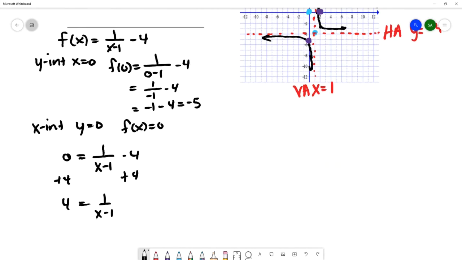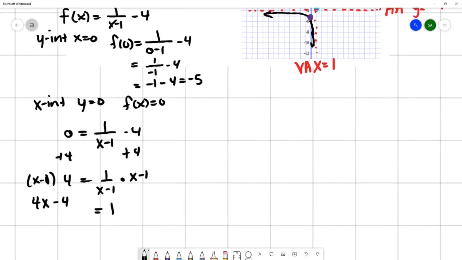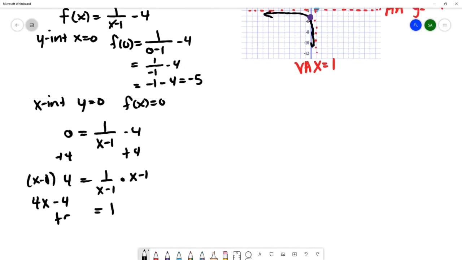I want to solve this by clearing fractions. I can do that by multiplying both sides by the denominator. So multiply x minus 1 on the right and x minus 1 on the left. So that's going to give 1 equals 4x minus 4 when I do the distributive property. I'll add 4 to both sides.